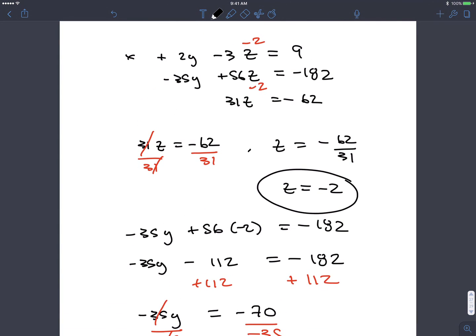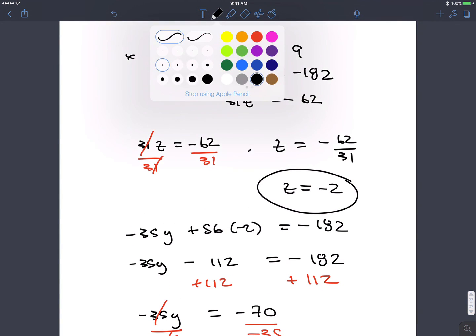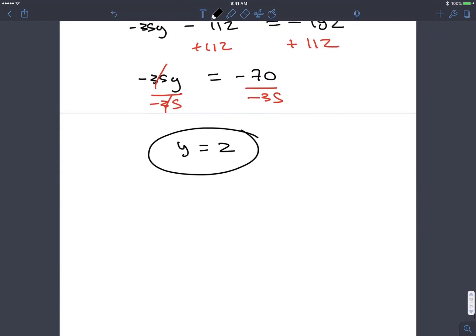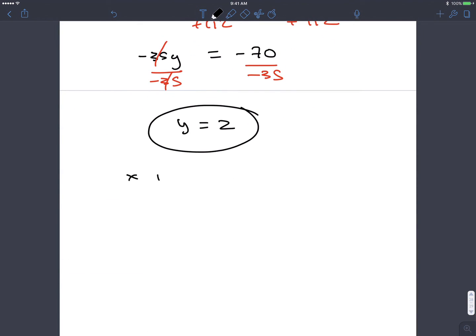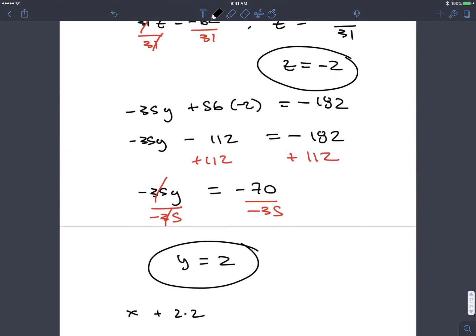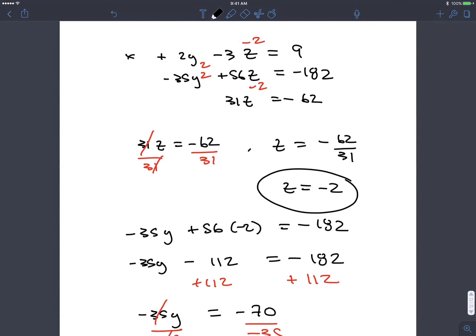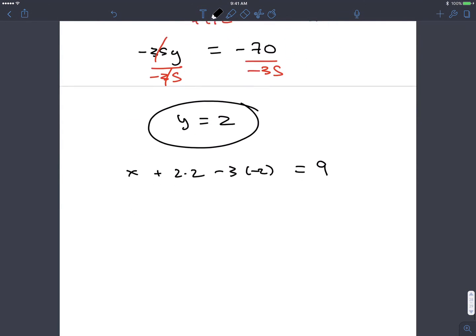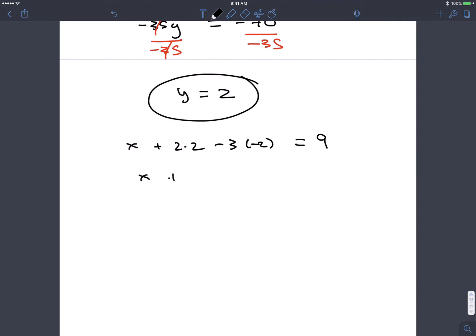So if y is positive 2, we can now replace wherever there's a y with a 2. So the first equation now is x plus 2 times 2 minus 3 times negative 2, and that will equal 9. We're going to find the x value by plugging these values back in, and that's a 6.